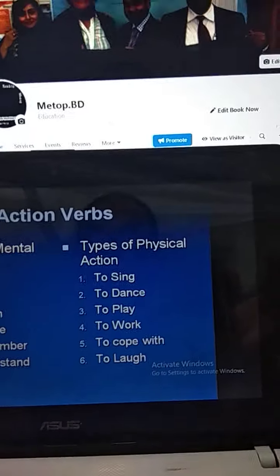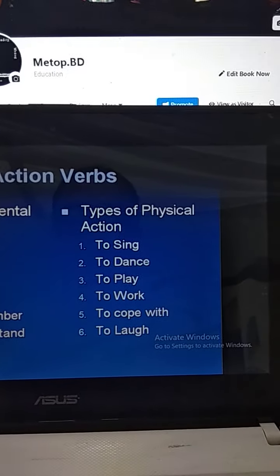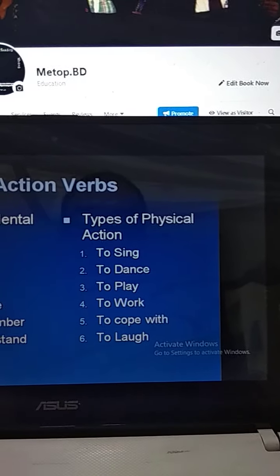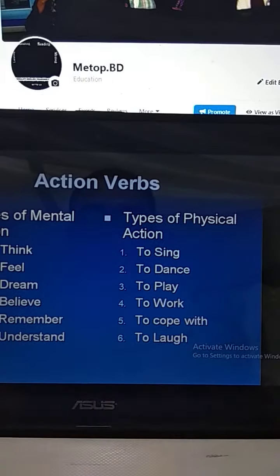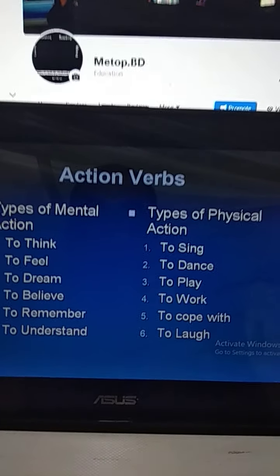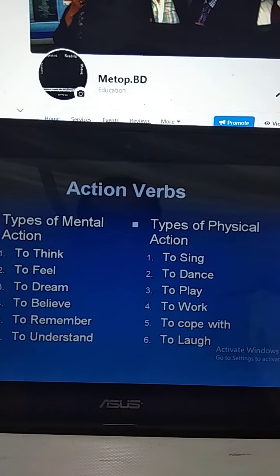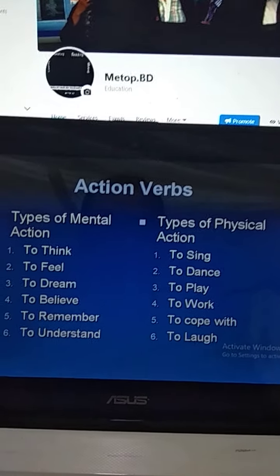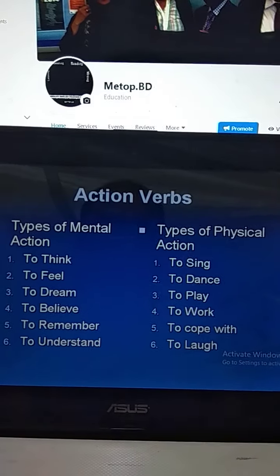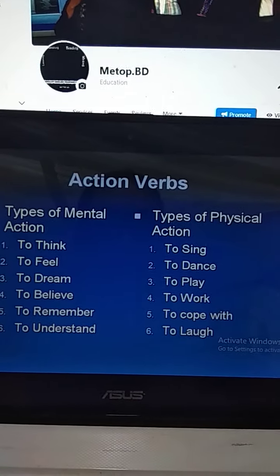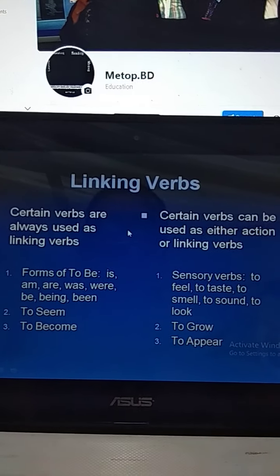And then types of physical actions: to sing, to dance, to play, to work, to cope with, to love. Dear students, listen very carefully, and of course you must listen to my pronunciation, and you will try to pronounce it like this. Okay?